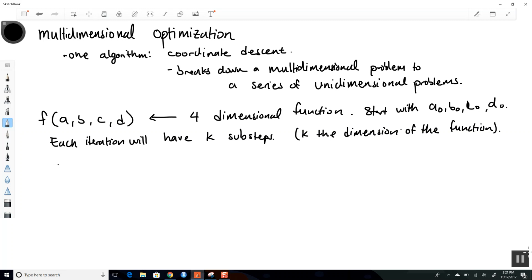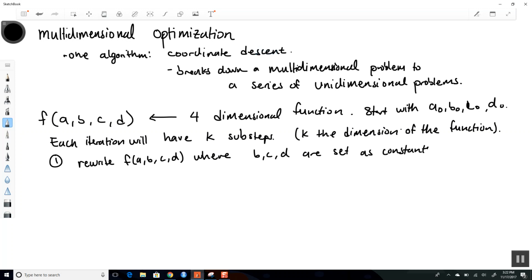Substep 1 is rewrite our function of A, B, C, and D, where B, C, and D are set as constants, using your initial values.